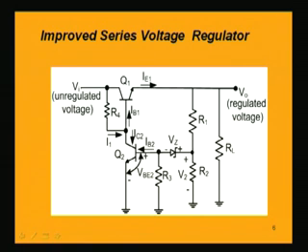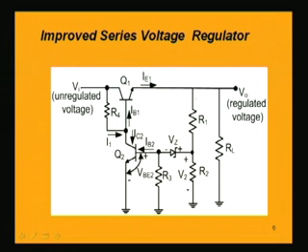Now in this circuit, if we again find out the relation between the output voltage V0 and the voltage VBE2 for this transistor, let us see what is this voltage V2, which is the voltage across this R2.